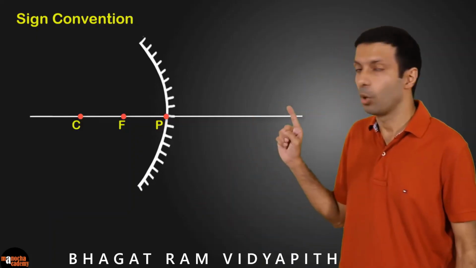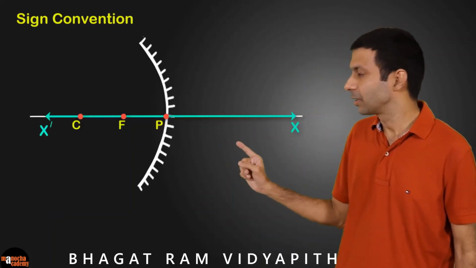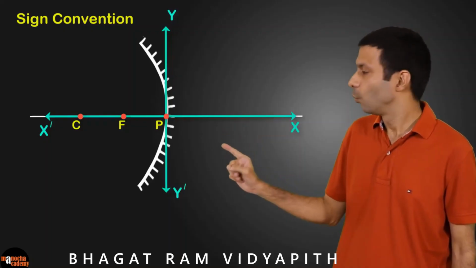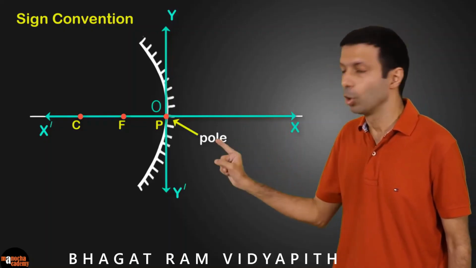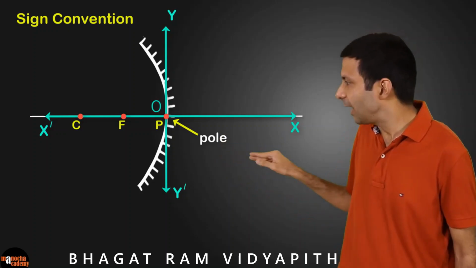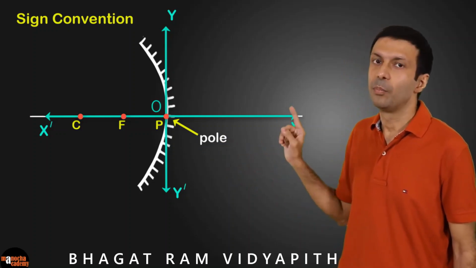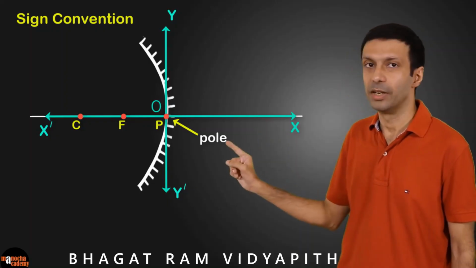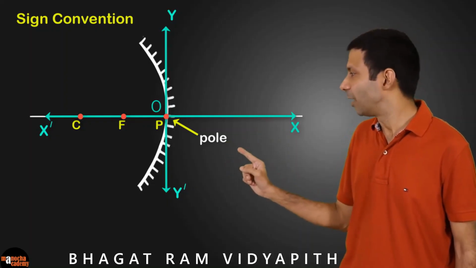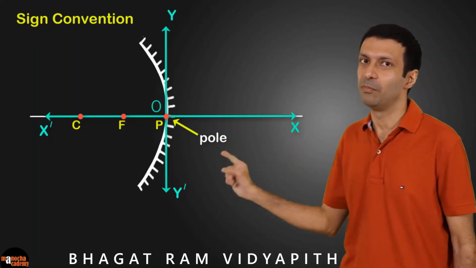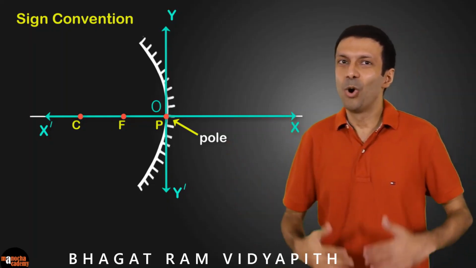Imagine we are placing the coordinate axis, the x and y axis, with the origin at the pole of the mirror. And the x axis is along the principal axis, as shown here. In this example, we are using a concave mirror. Hold on.